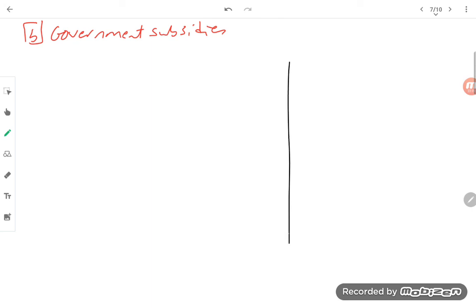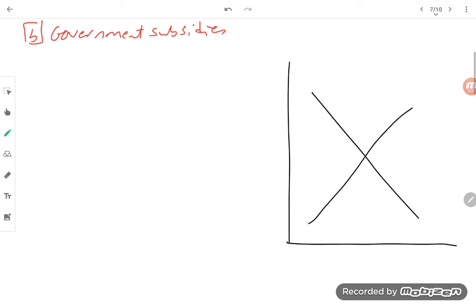Let's start with the initial situation. This is the demand, which is equivalent to marginal social benefit, and this is the supply, which is equivalent to marginal social cost. And this is the quantity. And this is the equilibrium price.